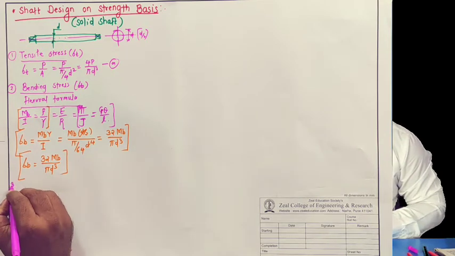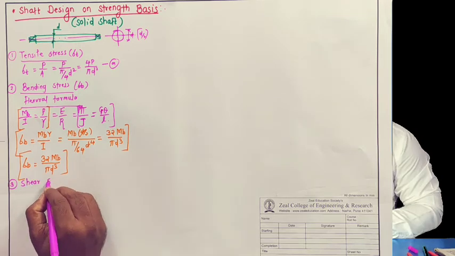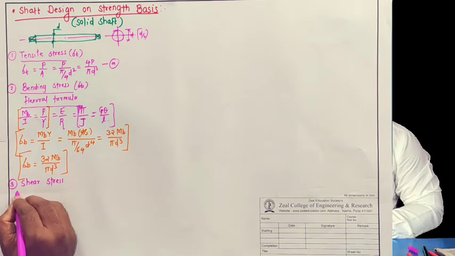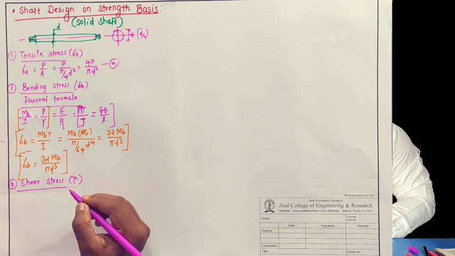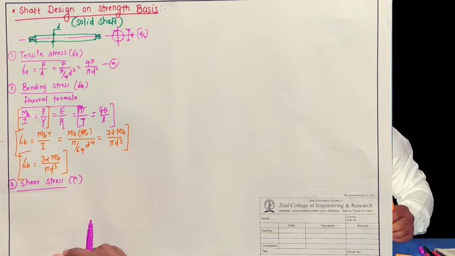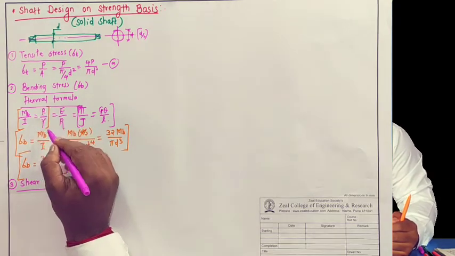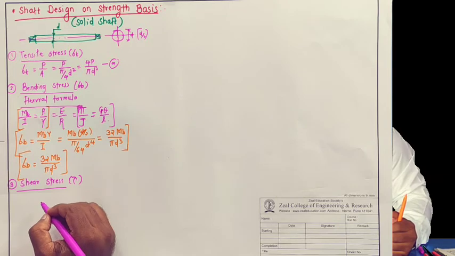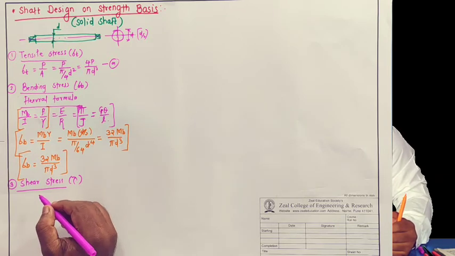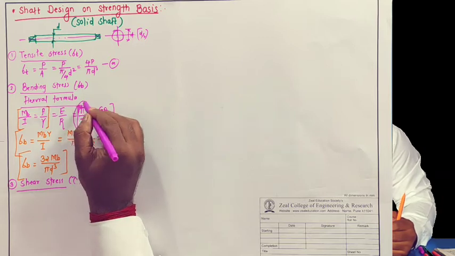Third is shear stress. What is shear stress? Tau. We consider the standard notation tau for shear stress. Now this is the torsional shear stress. Twisting will occur, so there is a torsional moment. I will have to use this formula.